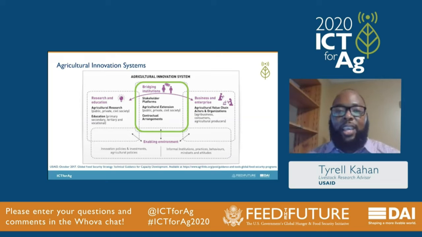And that helps bridge that gap and get innovations off the shelf of our research organizations into the hands of businesses, farmers, other value or system actors, policymakers, and the like.